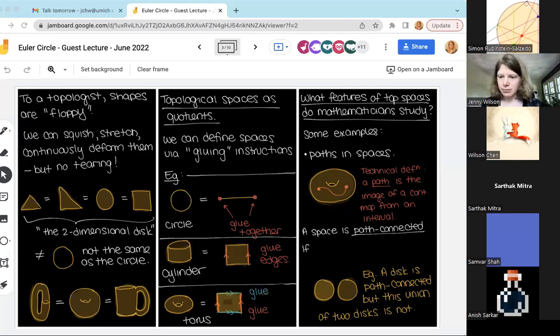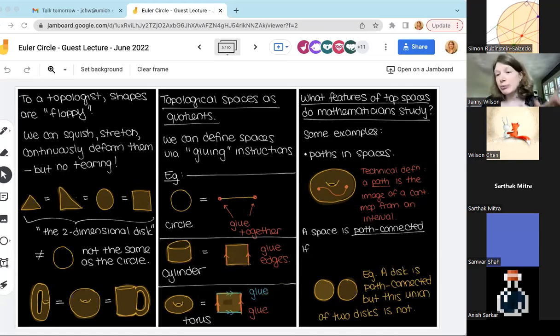There's a question. Why aren't the two-disk and the circle the same shape? Oh yeah, great. So that is a great question, which I guess in general, it's a lot harder to show that two shapes are not the same shape instead of showing that they are the same shape. Somehow to show that these two shapes are the same shape, I would just need to show you that I can continuously deform one into the other one.